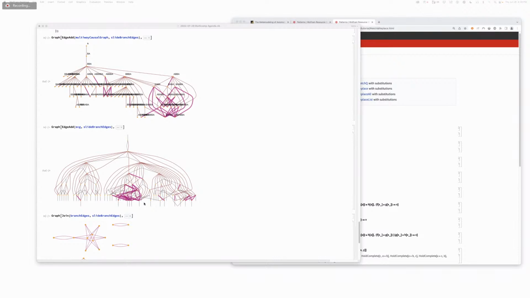You can also think of those branchial edges as constraining your foliation, because they connect events that are not commuting. So we can't foliate them. They should be in one particular foliation slice. They have to be in the same foliation slice, you're saying? Yeah, because if they were in different ones, you'd already be assuming a foliation in which one follows another. Right. So that's different from saying, I'm confused.